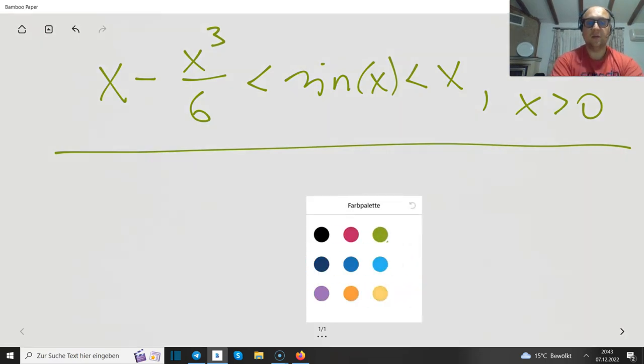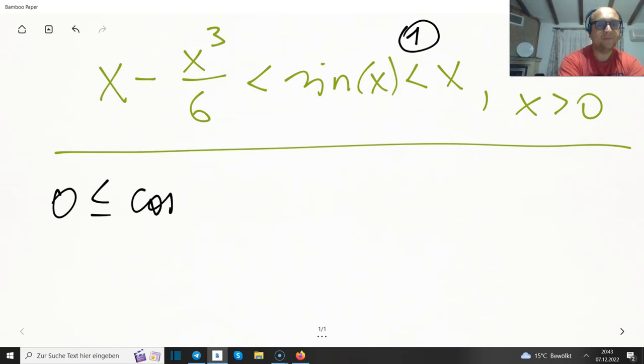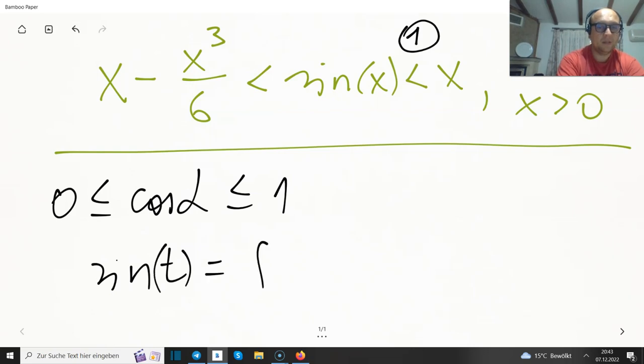Step number one, we are going to start with sine x is less than x. How can we do this? Well, by the definition, the cosine of alpha is between 0 and 1, right? So basically, I can rewrite the sine of t as an integral from 0 to t of cosine z dz.